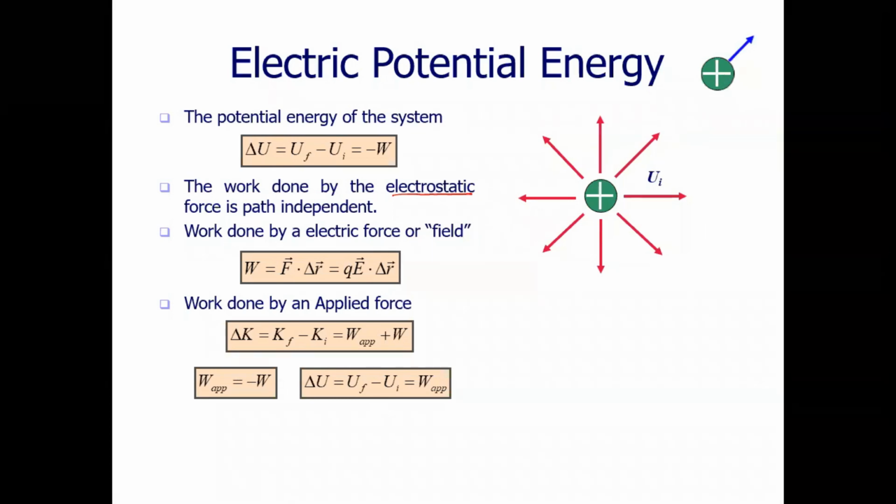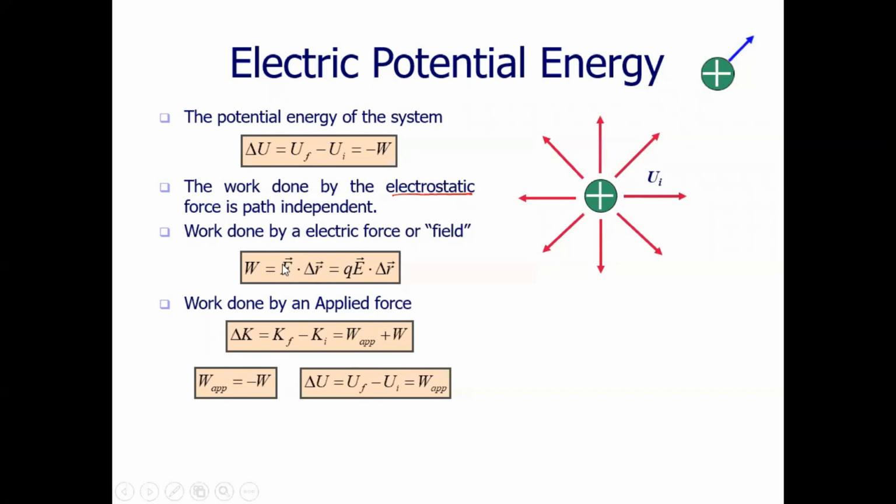So you see that there is a force, and that force is accompanied by a displacement. So what does that mean? It means that there is some work that has been done by this electric field. That work is the dot product of the force and the displacement. Now, how can you relate this force to the electric field?